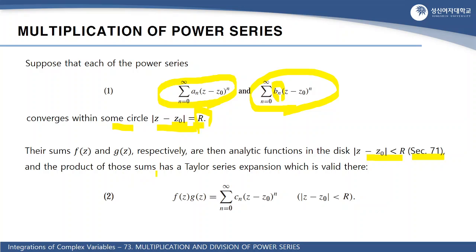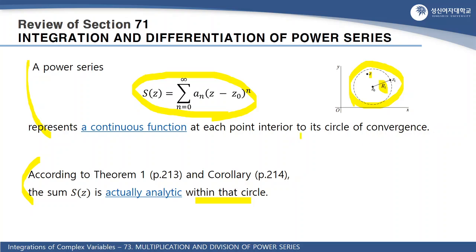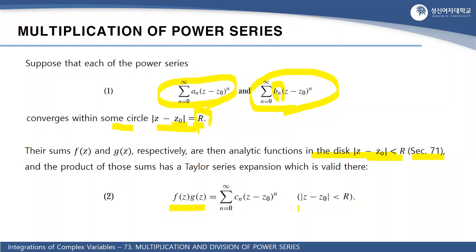And the product of those sums has a Taylor series expansion, which is valid there, that is, in the disk given by the absolute value of z minus z_0 less than R. So f(z) times g(z) is equal to the summation from n equal to 0 to infinity of some coefficient denoted by c_n times (z minus z_0) to the n, in a circle of convergence given by the absolute value of z minus z_0 less than large R.